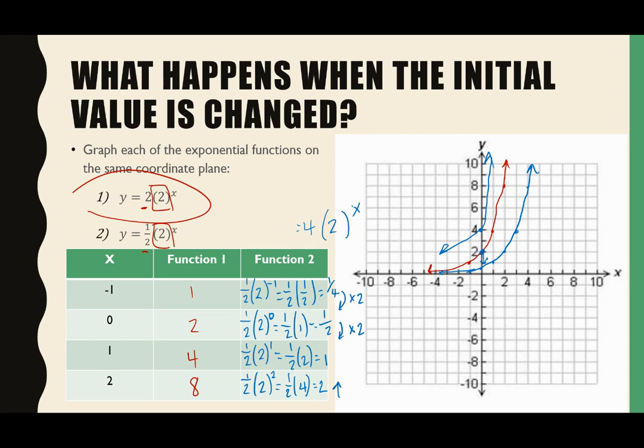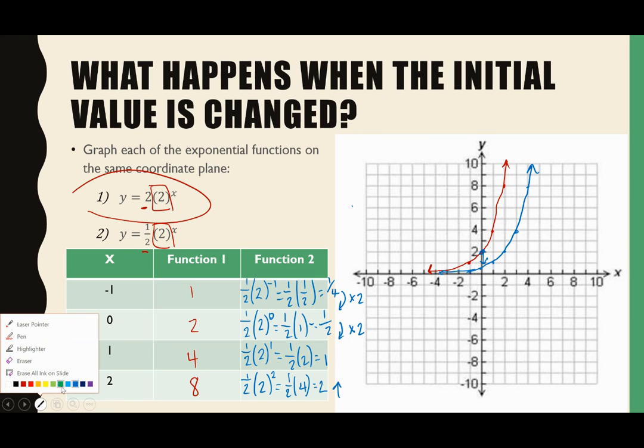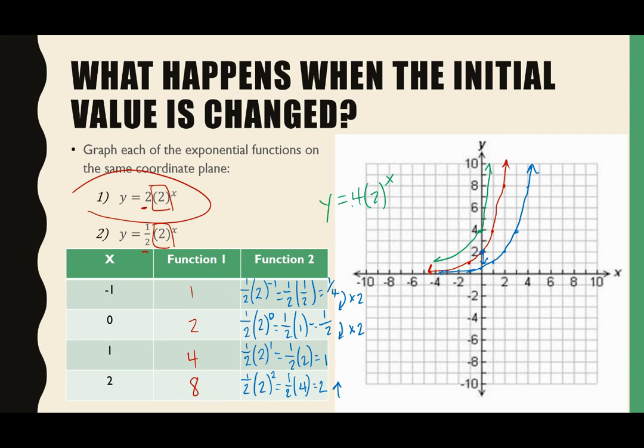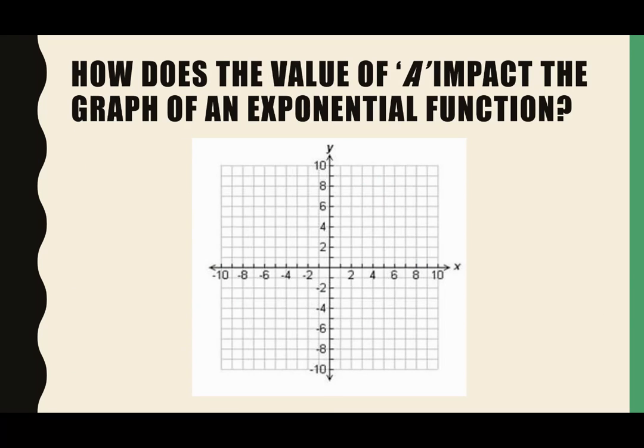And maybe I should have put that in a different color. So in summary, what's happening is my a value is affecting the y-intercept of my graph. So again, when I increase my a, it's just going to move it up the y-axis, but remain the same slantedness.